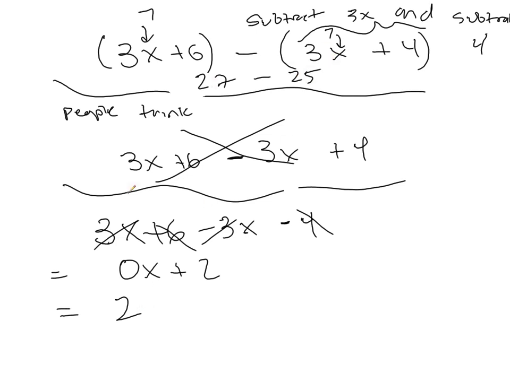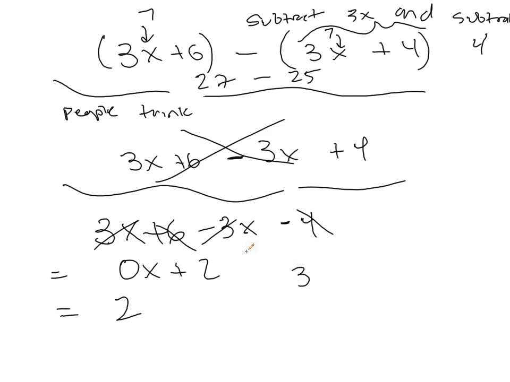So this wouldn't give us the same answer. This would get 3 times 7 is 21, plus 6 is 27, minus 21 would give us 6, plus 4 would give us 10, and that's not the same thing that we get here, or here. So that's basically what this is saying.